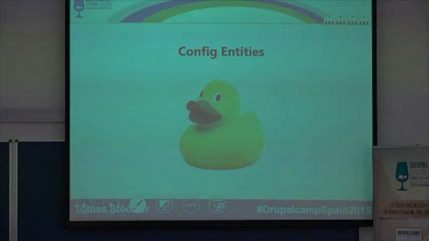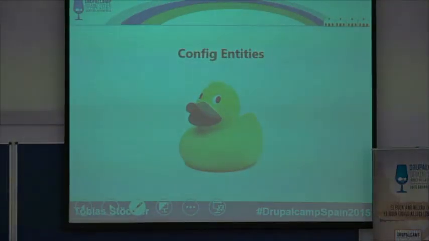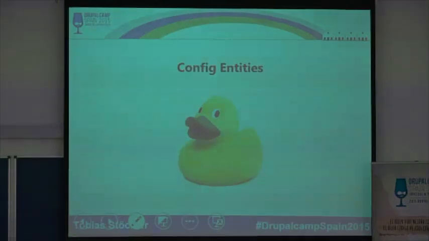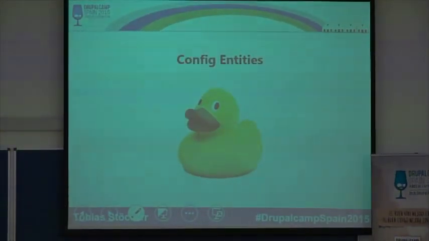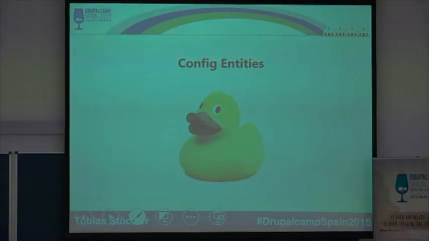So we now have this whole new category of entities in Drupal 8, which no one would have called entities in Drupal 7, but now they are entities in Drupal 8, like node types, views, image styles, and I'll show you a list in a minute. They're all just entities, so they have the same interface.